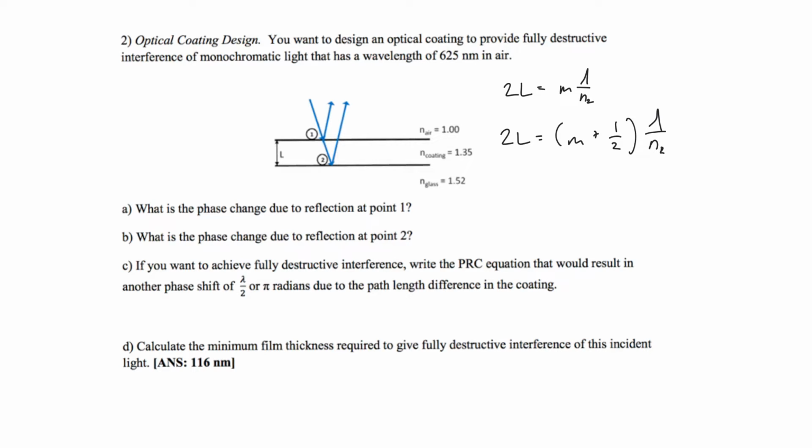So part A here, phase change at point 1 due to the reflection is pi radians, or half a wavelength, because we're going from low index of refraction to high. And at point 2, we also have another phase shift of pi radians, or half a wavelength. So if we wanted to achieve fully destructive interference, we would want another phase shift of half a wavelength, or pi radians, due to the path length difference. And so that second equation that we wrote will give us that condition.